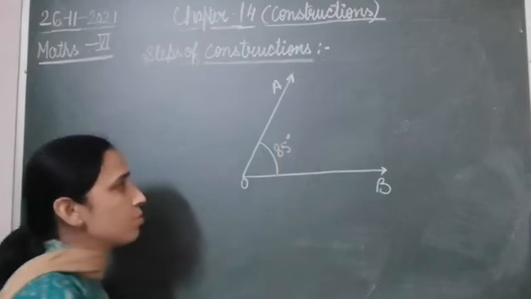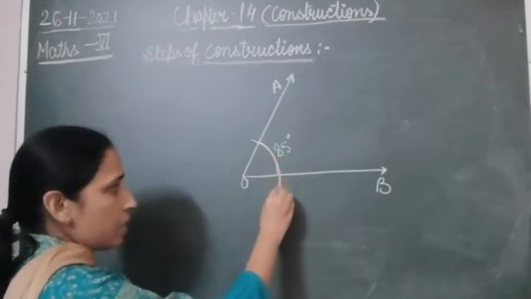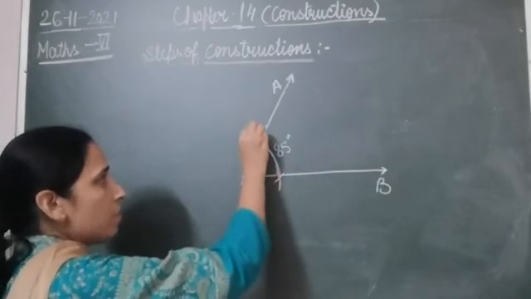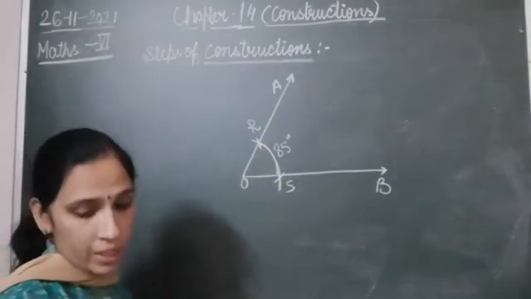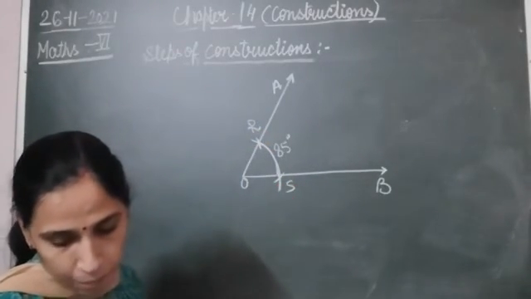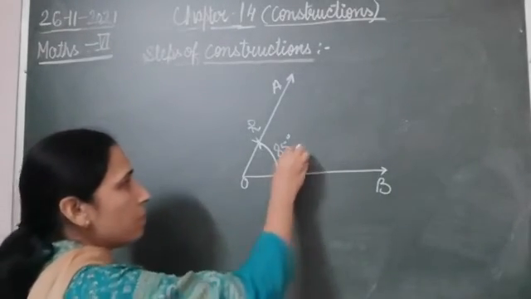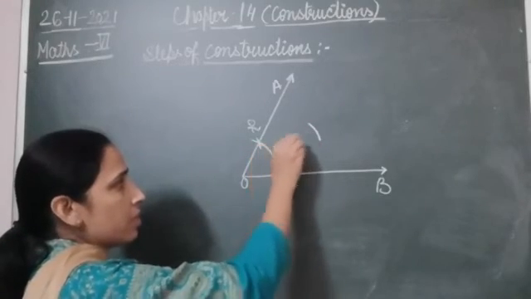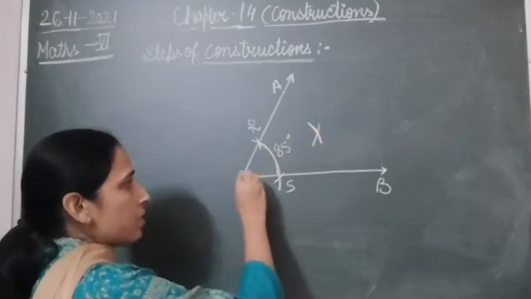So what we are going to do is put the compass here and extend this arc which cuts at two points. These will become R and S, or P and Q, whatever you take. Then put the compass here, open it more than half of this arc, make an arc here, then again keep it here and make an arc here.